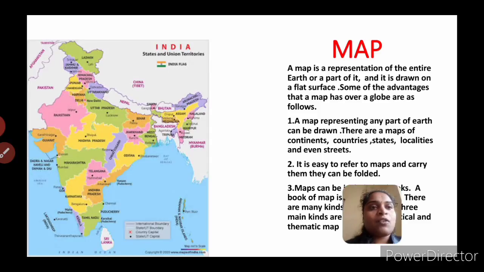There are maps of continents, countries, states, localities and even streets. We can find continent maps, country maps, state maps, locality maps, and even street maps are available.